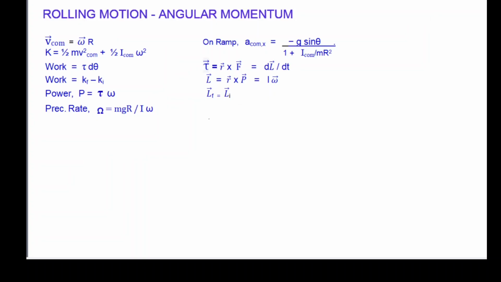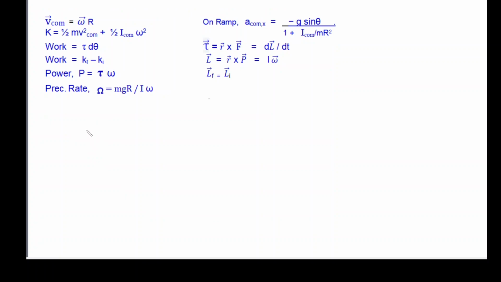I'd like to go over torque again, but since torque involves the cross product of vectors, I'd first like to review that. So if you have your axes, you have vectors A and B with an angle phi between them.